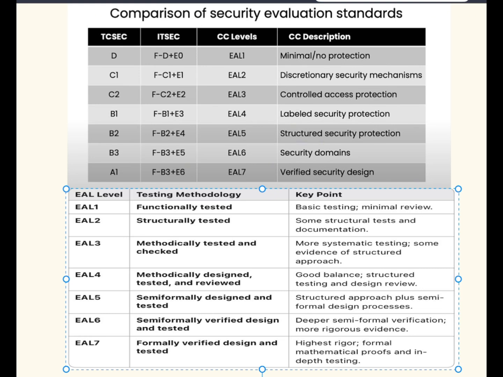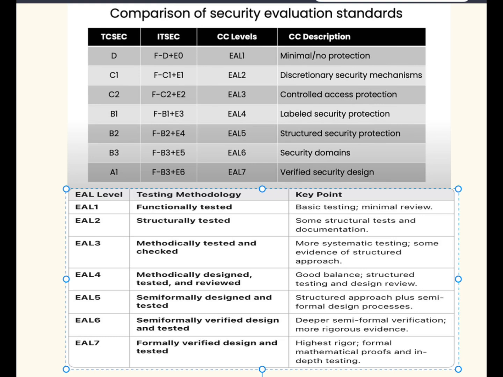As a vendor, you define your security target and submit it to a certification body. They review and test against your security target, and then assign an EAL level. Once the lab finishes, the certification body checks the lab reports and issues an official certificate. Your product can then advertise the EAL level achieved, like an EAL4 plus certified firewall.